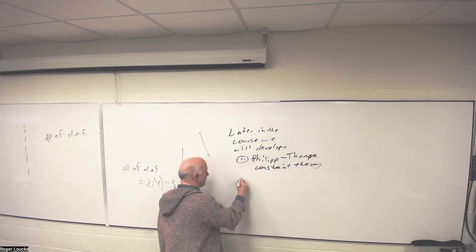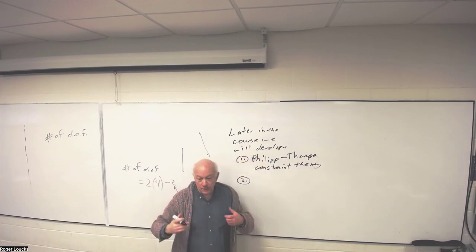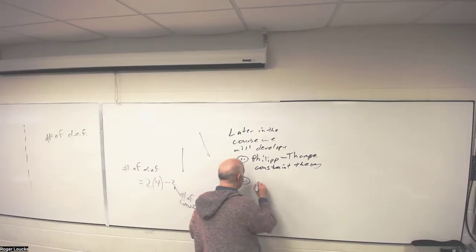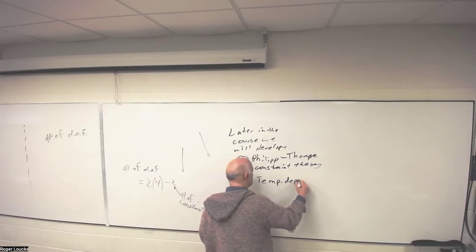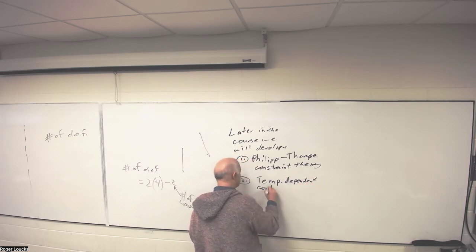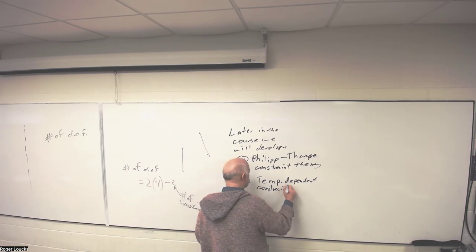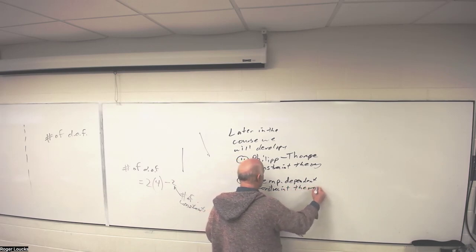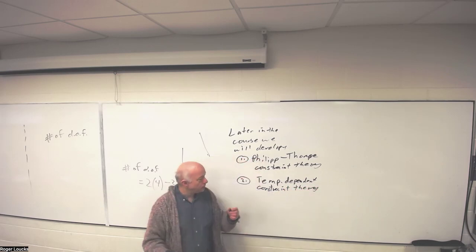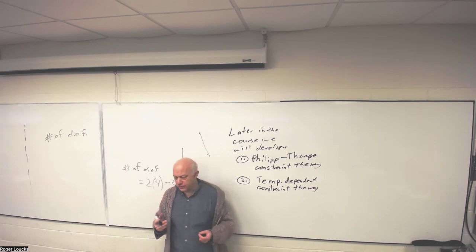And then later on, this gets modified to what's called temperature dependent constraint theory. It was initially Phillips' idea, then I think Thorpe realized there was a mistake and corrected it.